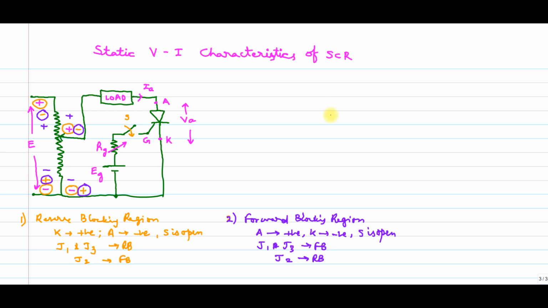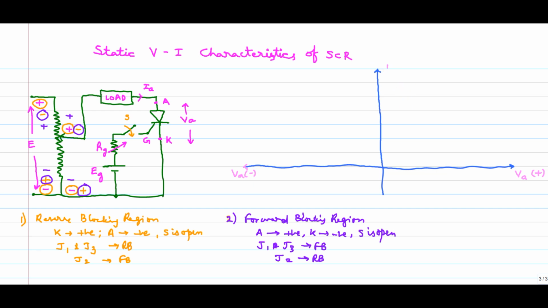So let us draw the diagram. This is the current axis and this is the voltage axis. This is VA, voltage across the thyristor, on the positive side, and this is VA on the negative side.